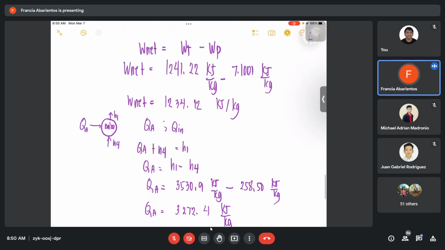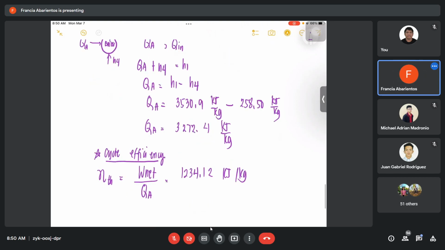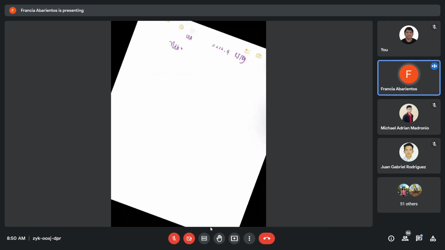So, what is now the work net? 1234.12 kilojoule per kilogram divided by the heat added. Okay, so output divided by the input, that is the efficiency. What is now the efficiency? Okay, what is now the cycle efficiency?